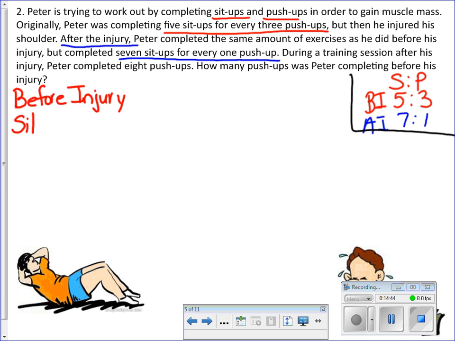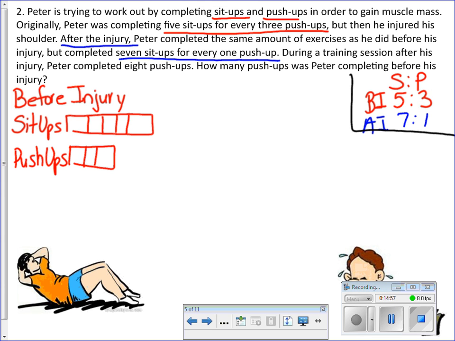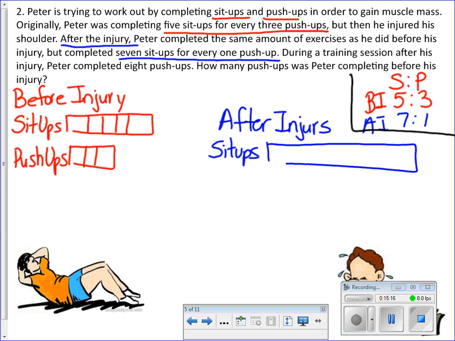So we have sit-ups. And then after his injury, okay, so I have my two tape diagrams to represent my two ratios.